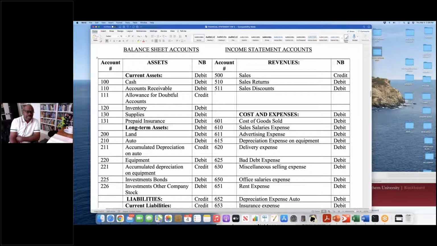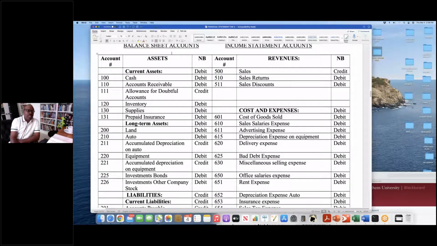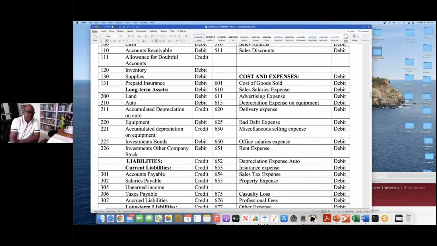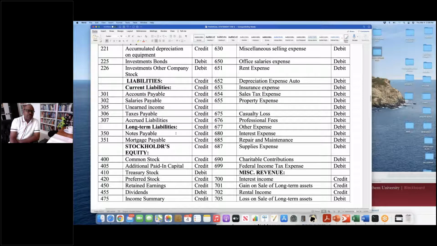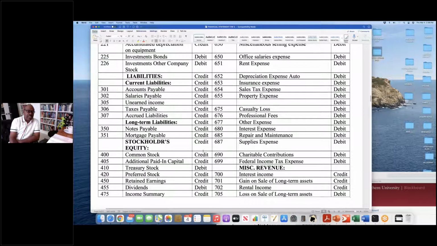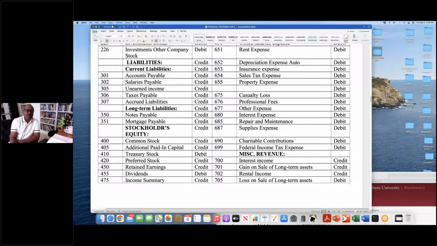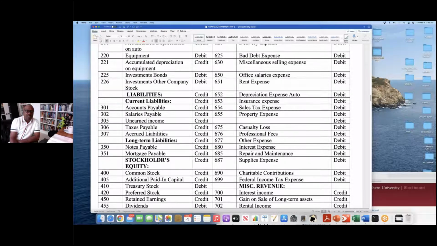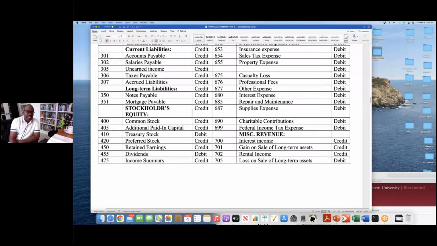If you end up with a balance that's not like what you think, then it's not one of these, and you want to check to make sure there's no error. Sometimes it will end up that way. But you have the current assets, long-term assets, current liabilities, long-term liabilities, stockholders' equity, revenues, and expenses. So that's the order that we expect them to be in.